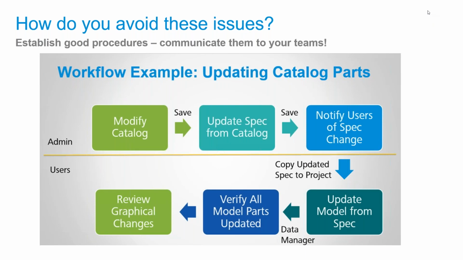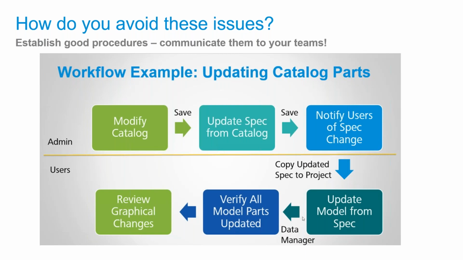Workflow example. The admin modifies the catalog, saves it and updates the spec from the catalog. Saves it, notifies the user of a spec change. The user updates the model from the spec. So first he copies the updated spec into the project, assuming that they are not working on the live specs, the admins.